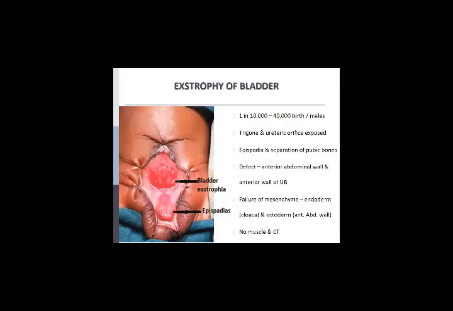In the lower half of the anterior abdominal wall, the muscles would be rectus abdominis, external oblique, internal oblique, transversus abdominis, etc. These muscles in the lower half of the wall will not develop. Okay? So no muscles and connective tissue develop.